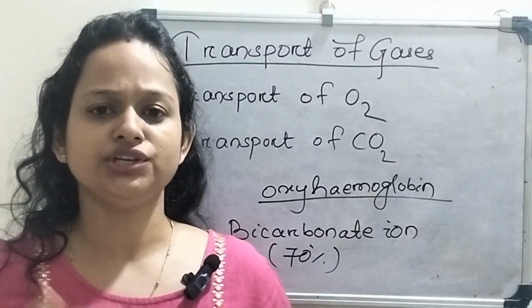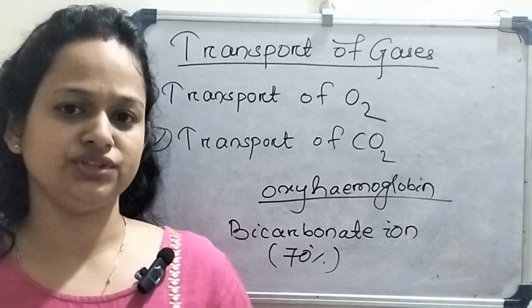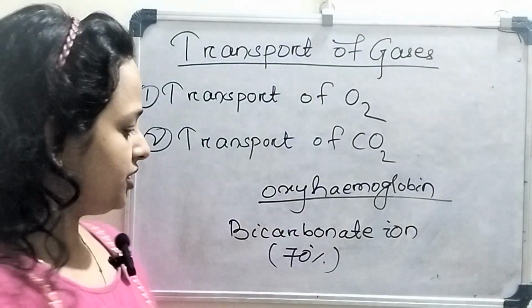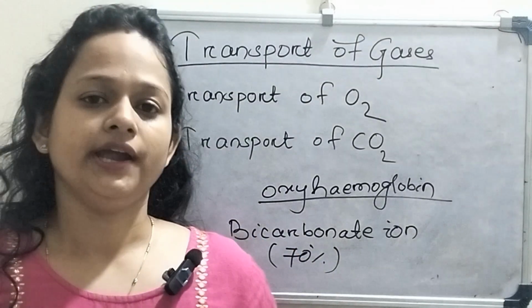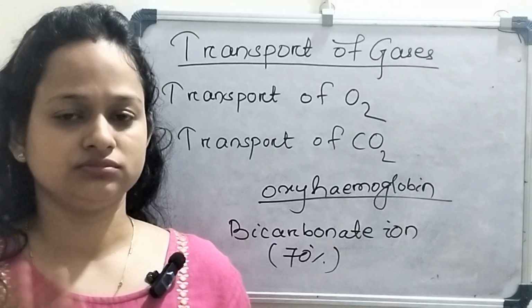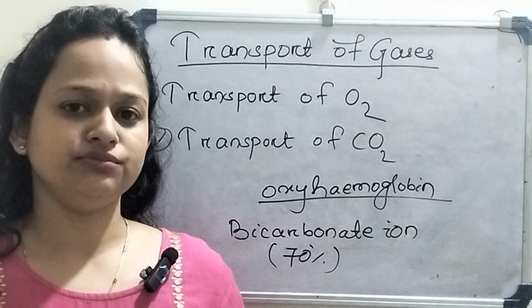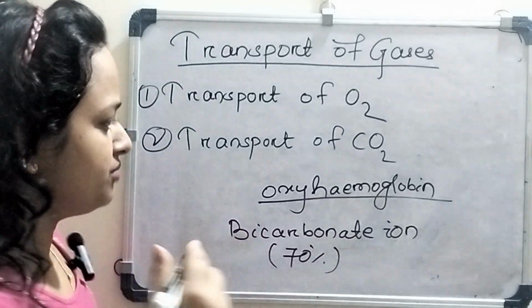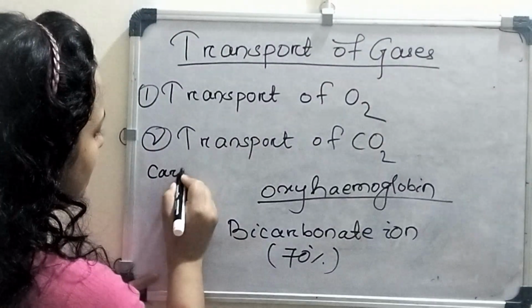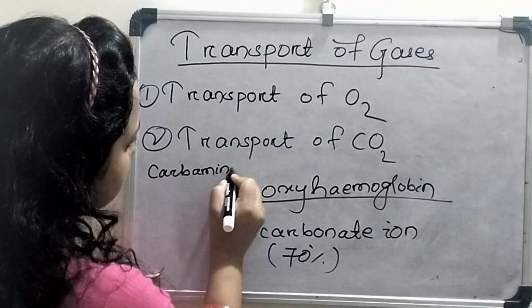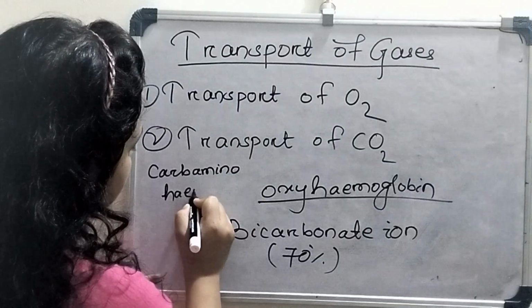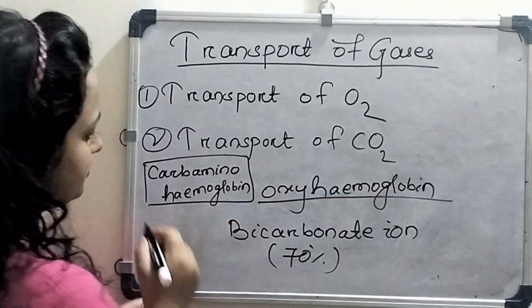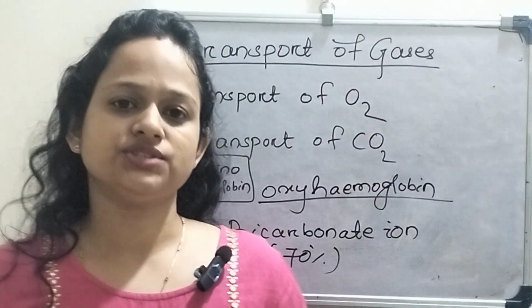In this bicarbonate form it is dissolved in the plasma and about 70% is carried in this form, and the rest of the carbon dioxide combines with the hemoglobin of the blood and forms carbaminohemoglobin.